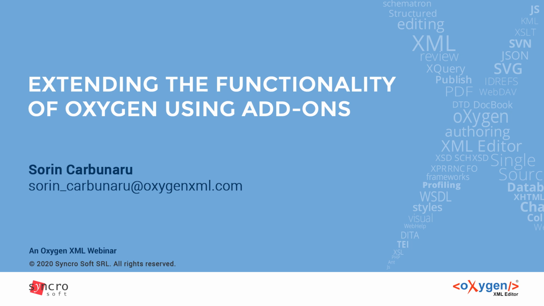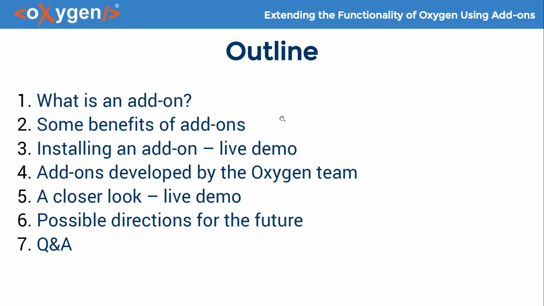Let's get started. In today's outline, we have 7 points. We will start by defining the concept of add-ons. Then we will see some benefits that you gain from using add-ons with Oxygen. I'll show you just how easy it is to install them.